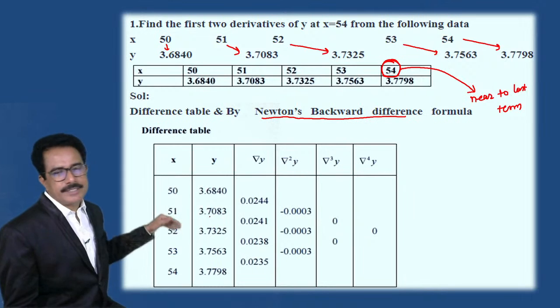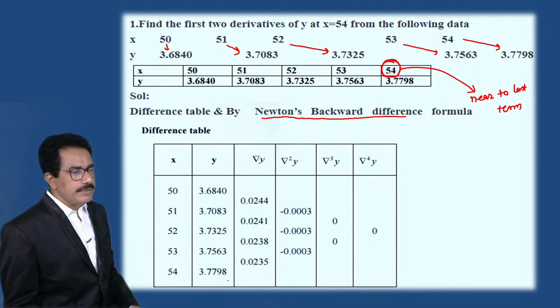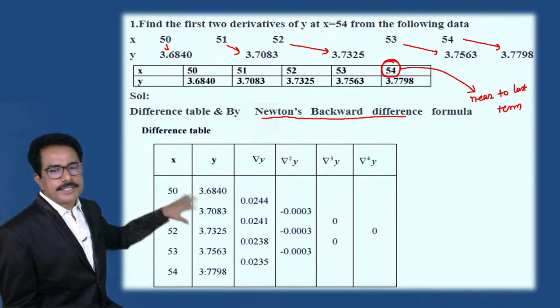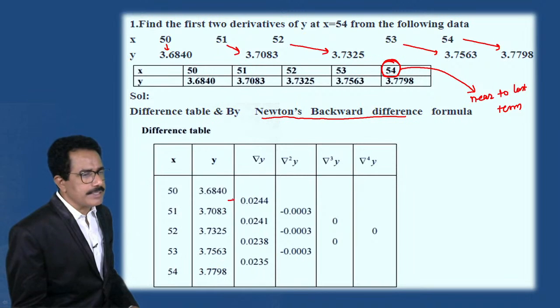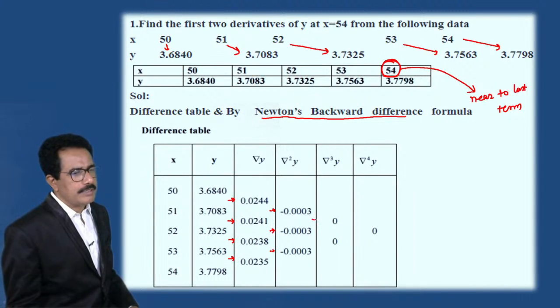The construction of the backward and forward difference tables is actually the same. This is a subtraction. Also we can subtract this, and also this. So we will get the table.